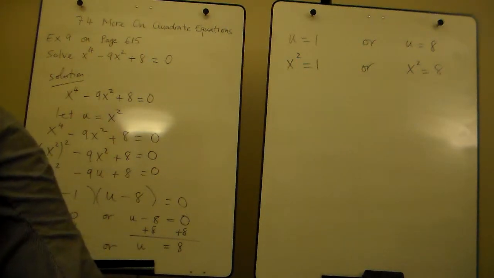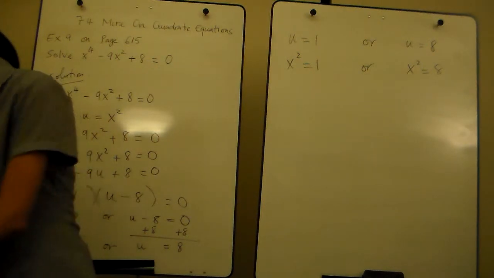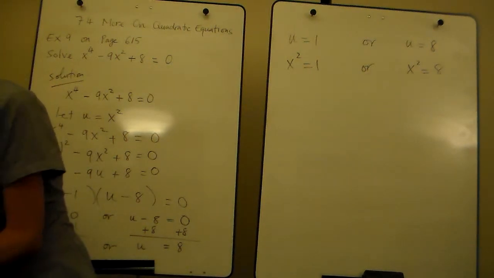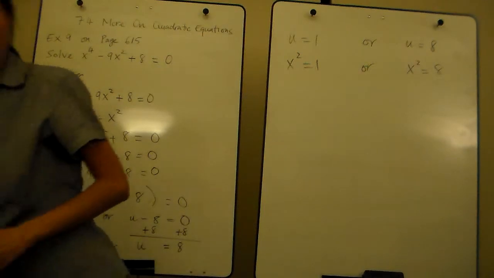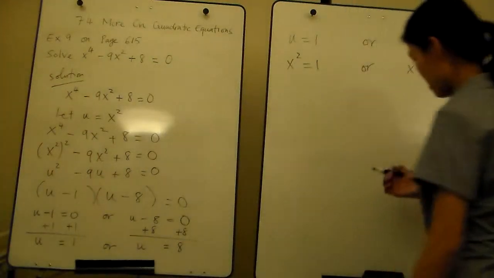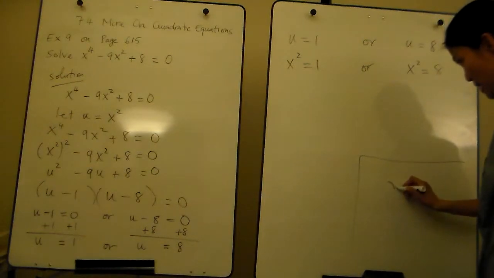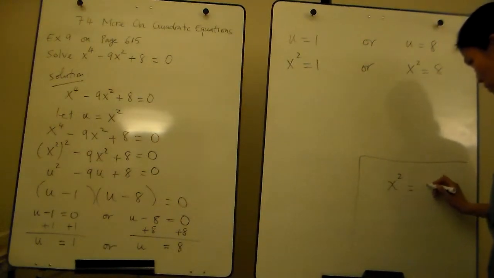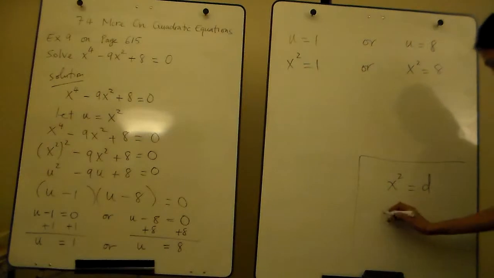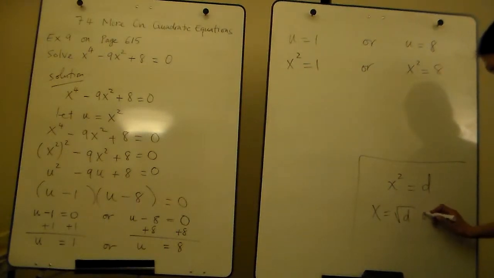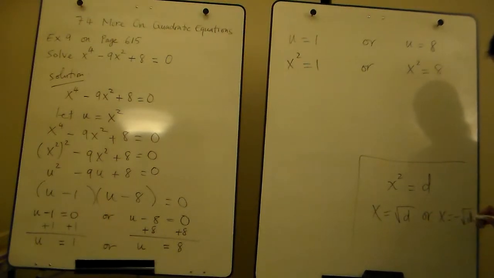Yep, the principle of square roots on page 582. Using the principle of square roots, if you have x squared equal to d, the solution is x equals square root of d, or x equals negative square root of d.